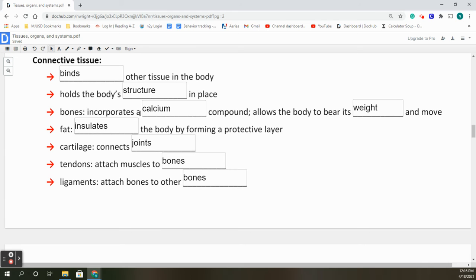Bone incorporates a calcium compound and allows the body to bear its weight and move. Fat insulates the body by forming a protective layer. Cartilage connects joints. Tendons attach muscles to bones. Ligaments attach bones to other bones.